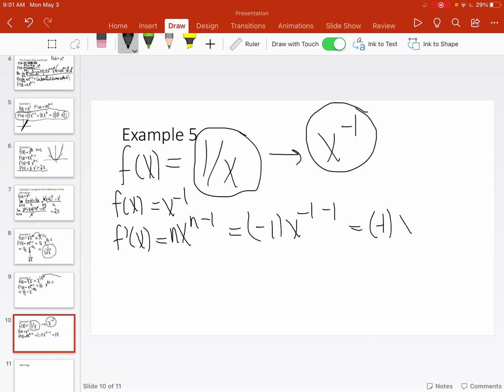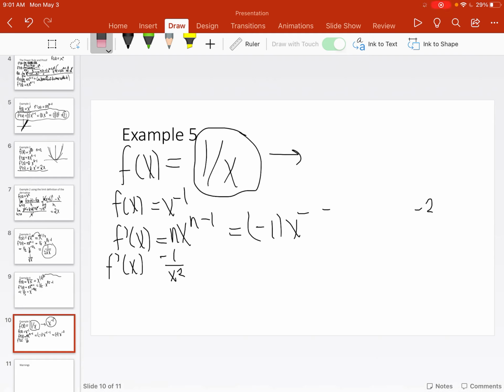We get -1 times x to the -2. Simplifying this, we get -1 over x squared. Nothing complicated. Pretty easy.